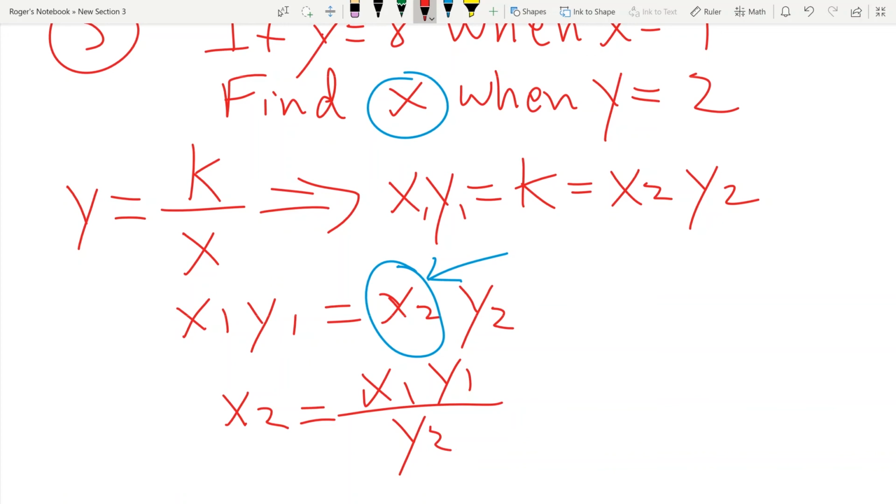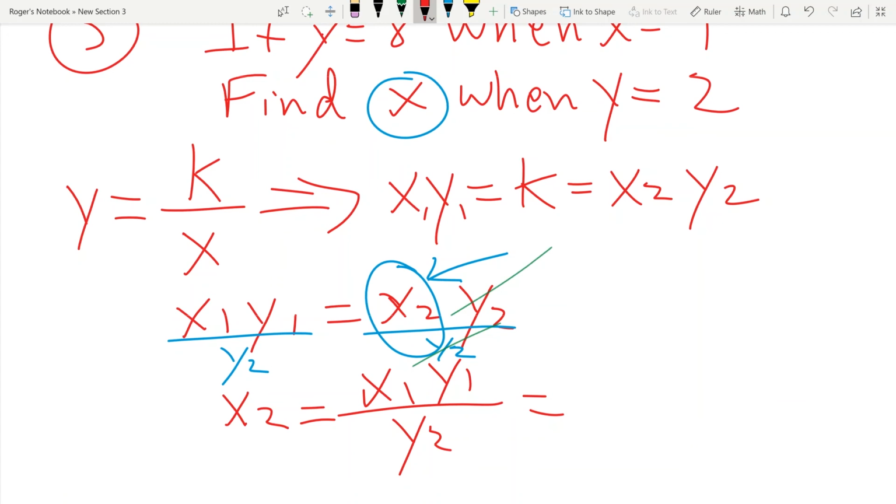Okay? Dividing both sides by y2. So if I were to do that up here, I could show it just by putting a line, dividing by y2. And notice then that on this side over here, they would cancel out. See, cancel, cancel. And I'm left with x2 equals x1, y1 over y2. Now all you have to do is put your numbers in there and you've got your answer.